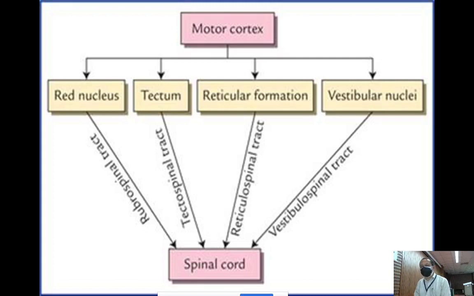Basically, it is the rubrospinal tract that receives a very strong excitatory impulse coming from the motor cortex and the cerebellum as well. But in some textbooks or literature you'll find that this type of impulse is found to be controlling even other extrapyramidal tracts as well. So that's why I'm showing this slide.